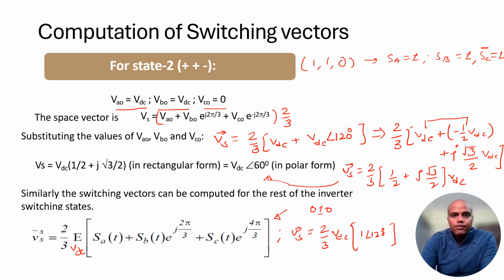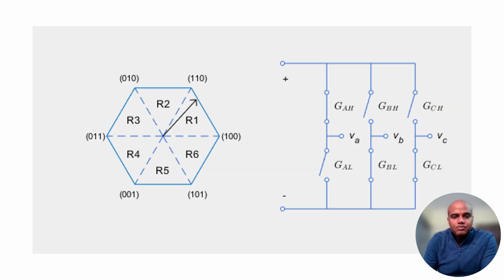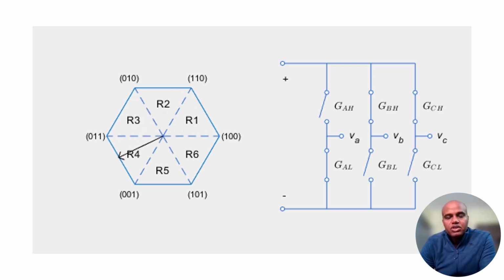Therefore, if we see the switching combinations of my switches, how the space vector moves with respect to angle can be imagined with this figure. It clearly states how different combinations of switching move my voltage vector in space. So this shows that if the state is 0 1 0, then what switching is happening, and what is the angle of my voltage vector.